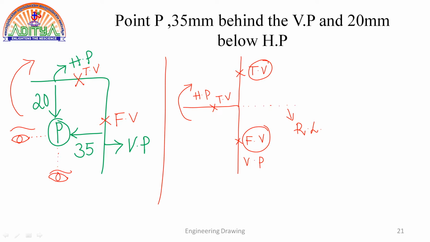As you already know, when you are seeing from the front view, this 20 is visible. So, front view 20. If you are seeing from the top view, this 35 dimension is visible. So, in the top view we are getting 35. Based on this rough work, we are going to draw the final solution.